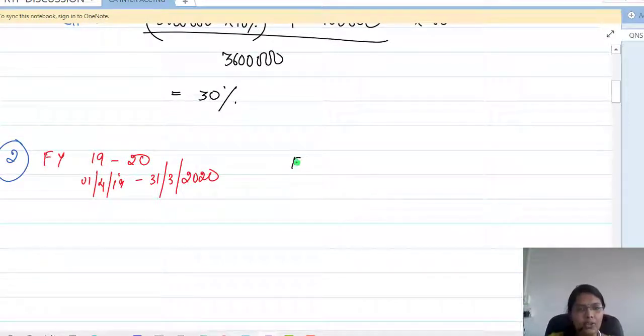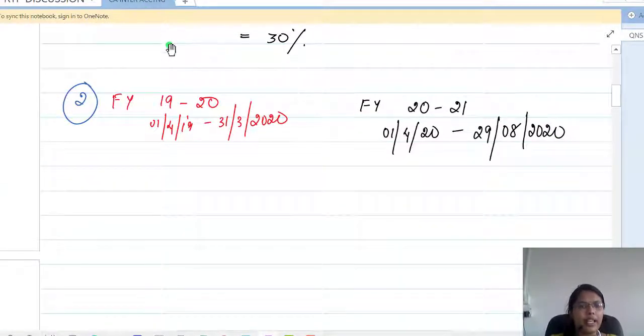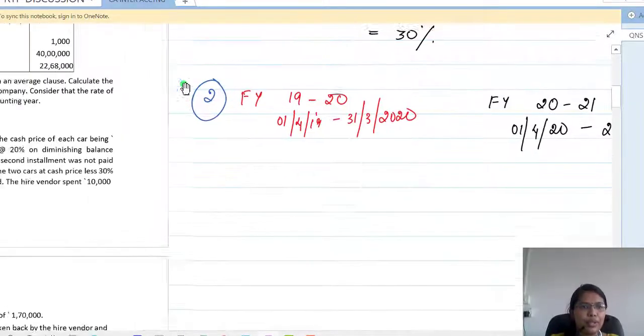So the next year in which the fire occurs belongs to financial year 2021, and we'll have to consider the transactions from 1/4/2020 to the date of fire, which is 29th August 2020. So these are the two financial years involved. Please bring that into your mind before taking up the question. It is not necessary to write it on the face of your answer. I've just written it to ensure that it is understood by all.